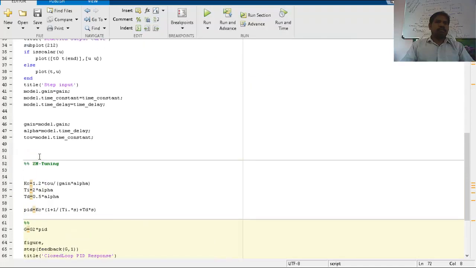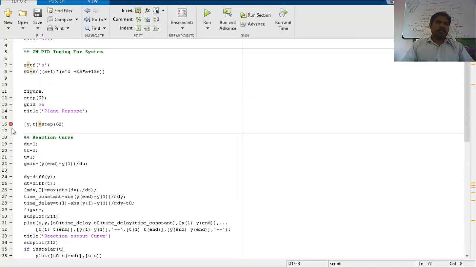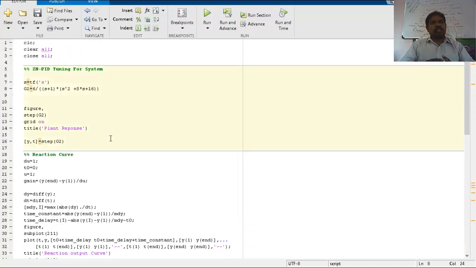Now it's a simple code and everything is in it. If you want, run the code. The code executes step by step. After executing, we get three graphs: the plant response, the reaction curve, and finally the tuning output.